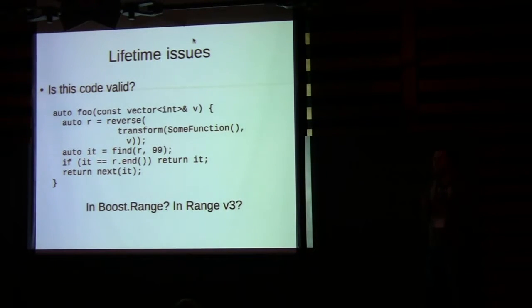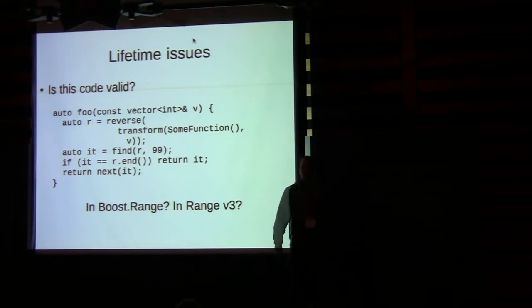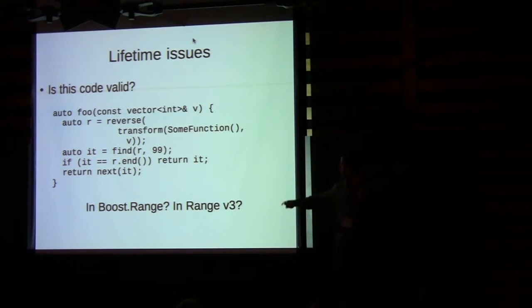So, when it comes to such range libraries, we get lifetime issues, right? Invalidation. Is this code valid? And by the way, that should, in theory, compile with both Boost Range and Eric's range, unless maybe the adapters are called something else and have different argument orders.